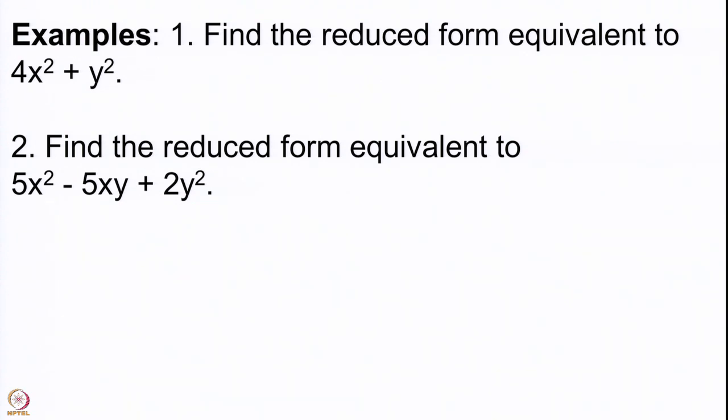Next example is slightly more complicated, 5x square minus 5xy plus 2y square. So, even here 5 is bigger than 2. So, we apply the Weil element first.